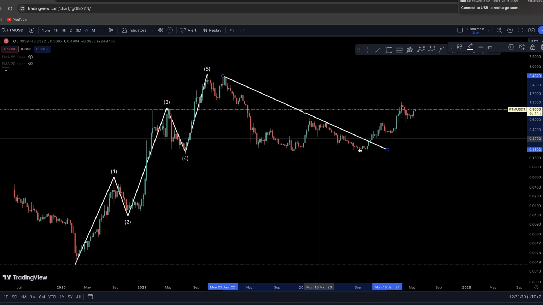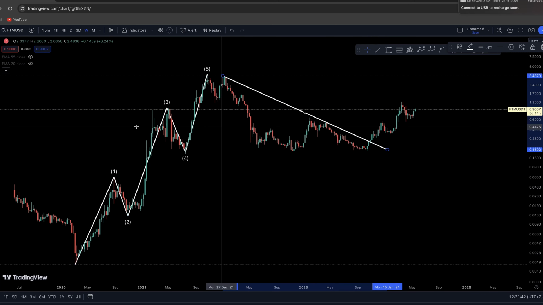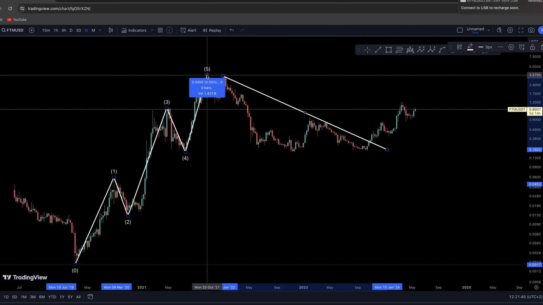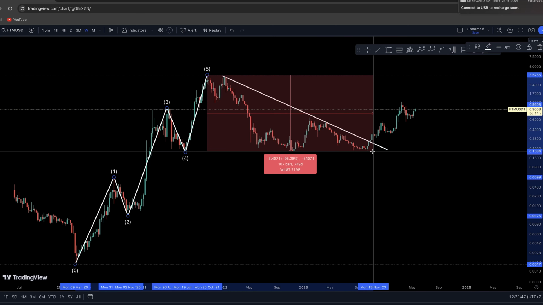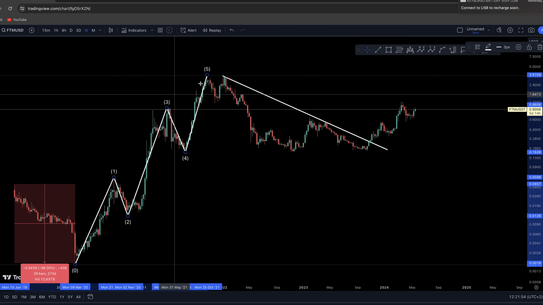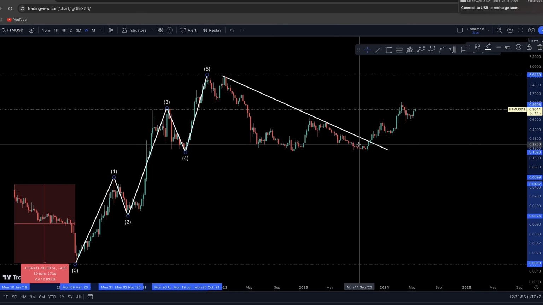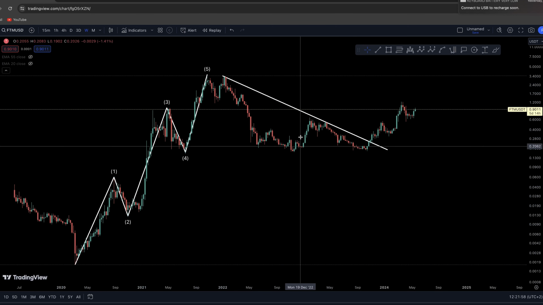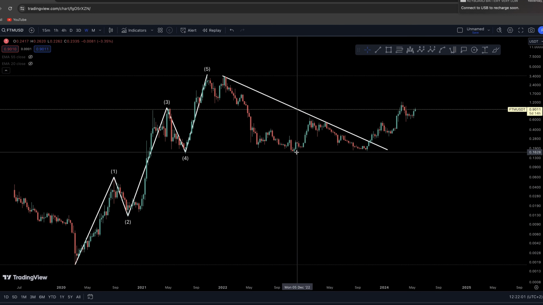But inside all of this bear market correction from this bull market high, the correction was actually a 95% move. So very similar to this corrective move here, we've just had a longer, more drawn out, extensive bear market, and the lows were put in for Fantom back here in November 2022.